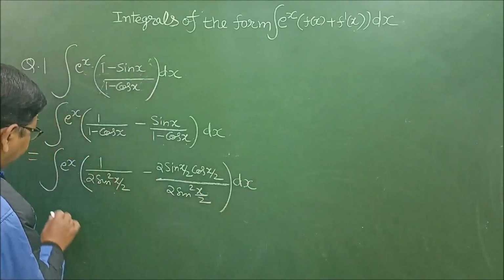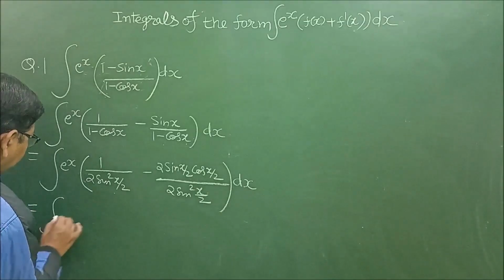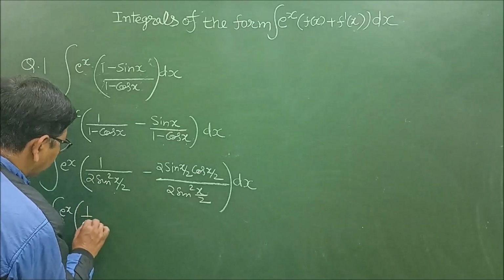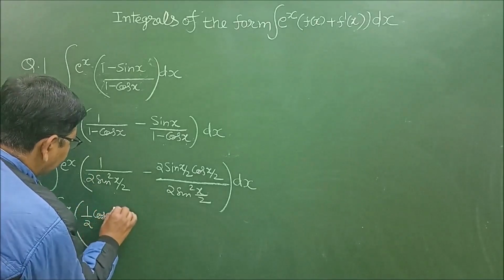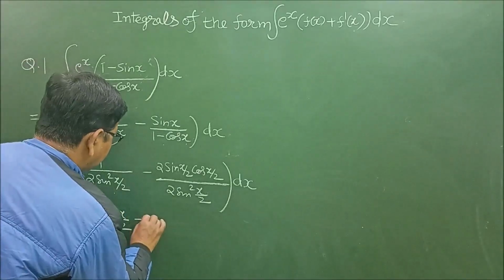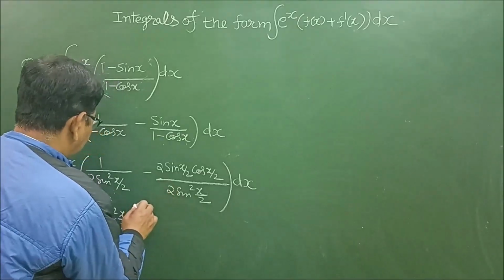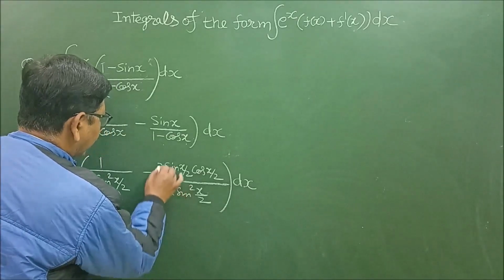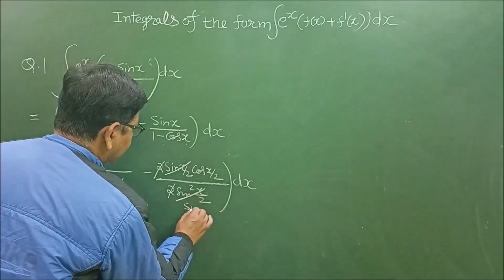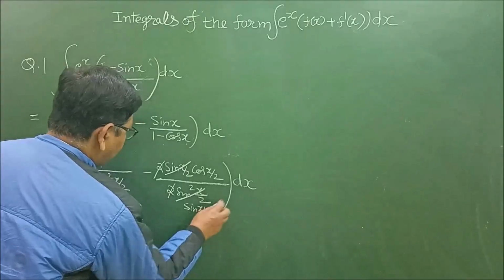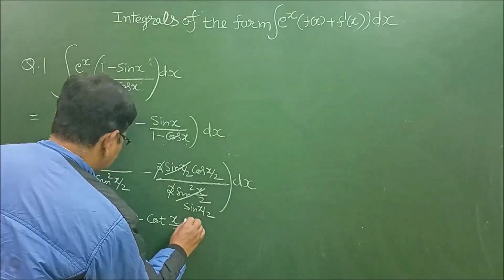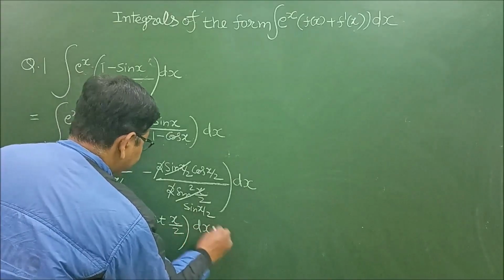Now further simplifying it, integral of e raised to the power x and in the bracket 1 upon 2 cosec square x by 2 minus, here इसको 2 and 2 get cancelled and sin x by 2 times cancelled, so minus cot x by 2 dx.